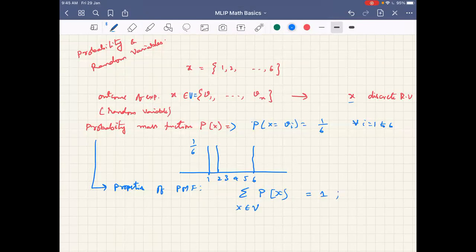Any other properties? There is one more important property: it always lies between 0 and 1. This is regarding the discrete random variable. Please note that, we are now discussing the discrete random variable.